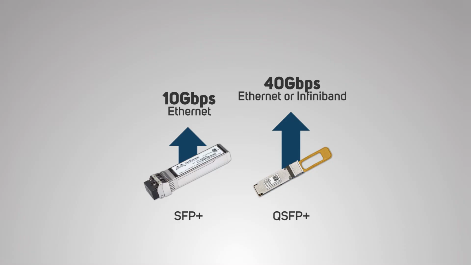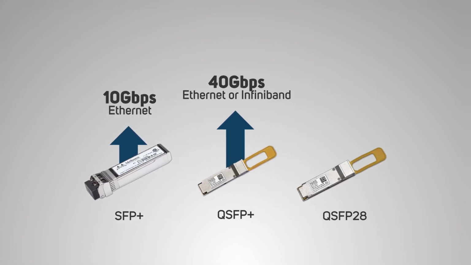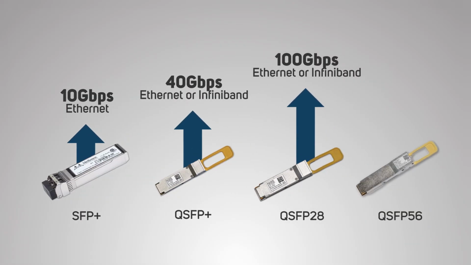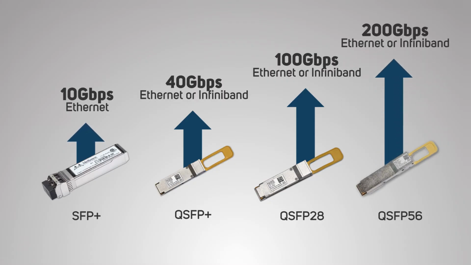QSFP Plus is an evolution of QSFP to support 4 channels carrying 10 gigabits per second Ethernet or InfiniBand. The QSFP28 standard is designed to carry 100 gigabits per second Ethernet or InfiniBand, and finally QSFP56 is designed to carry Ethernet or InfiniBand at speeds of 200 gigabits per second.